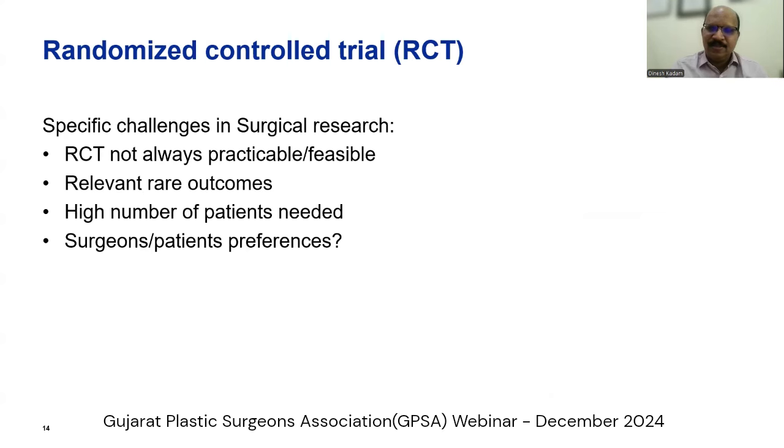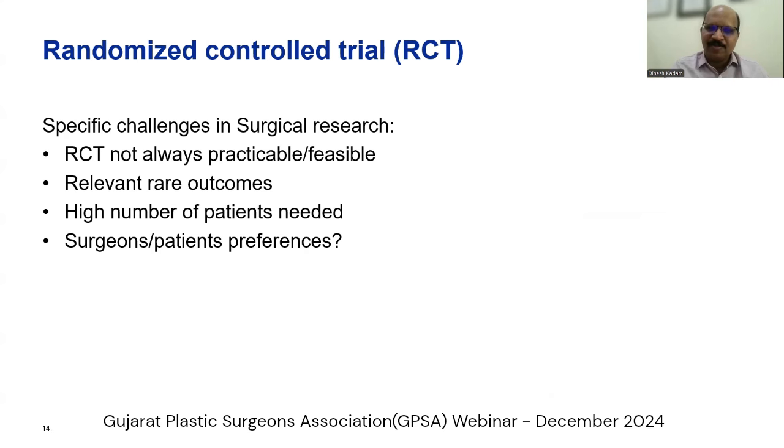What happens in surgical research is that RCTs were fundamentally designed for drug trials. In surgery, there could be a lot of indications and different variables which define the surgical procedure you want to choose. Then you randomly allocate.